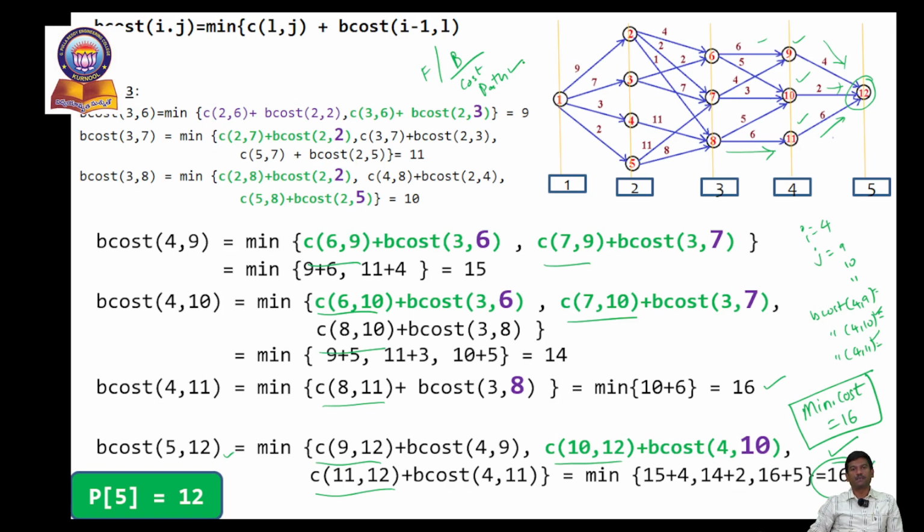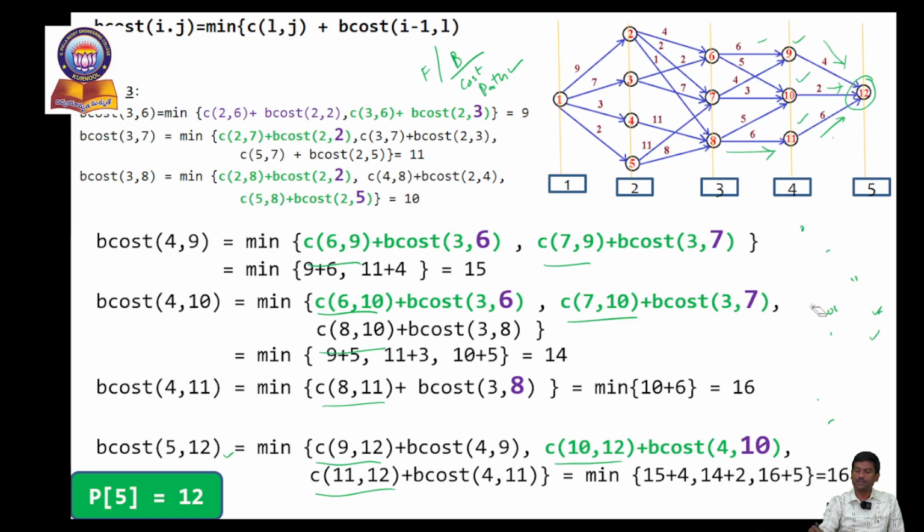So for the path, in the same example which I covered in the previous part related to the forward approach, p of 1 is known. That is the first stage, the source vertex is known, and p of the last stage vertex is also known. You have to find p of 2, p of 3, and similarly p of stage 4, and p of stage 5, starting from stage 1 to stage 5.